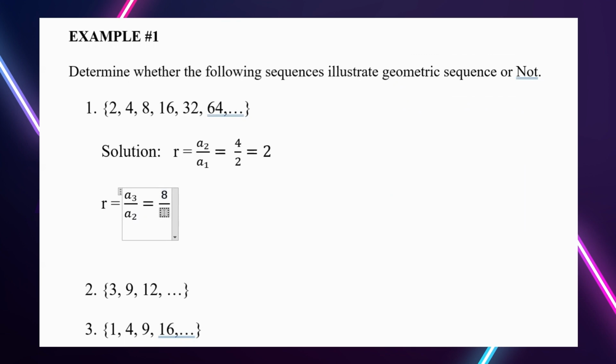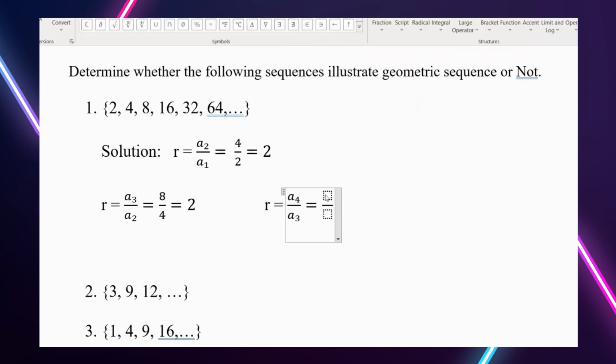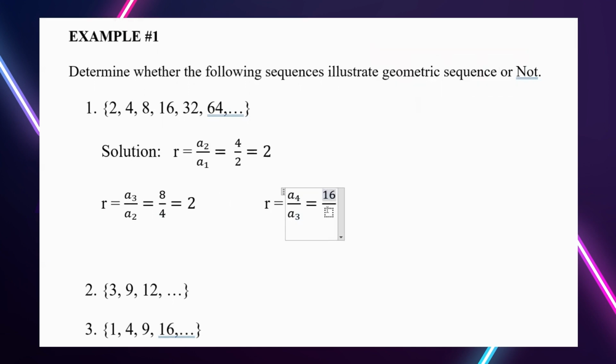And the value of a sub 2 is 4. So 8 divided by 4 is equal to 2. Another, we have a sub 4 divided by the preceding term, which is a sub 3, and the value of a sub 4 is 16. And a sub 3 is 8. So 16 divided by 8 is equal to 2.